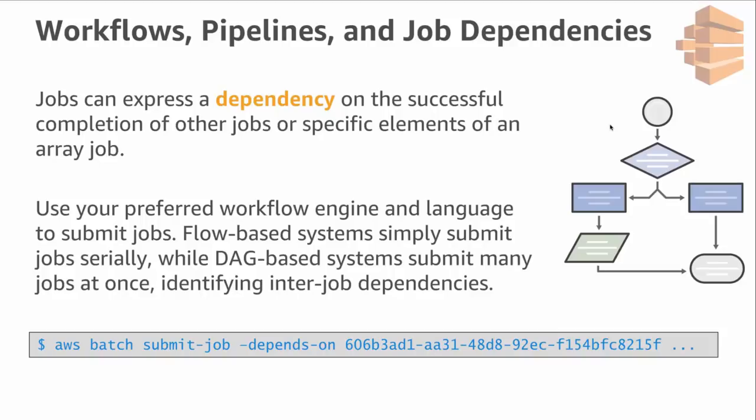So the whole point here being, let's feed in what my underlying requirements and the ordering requirements are, and then we'll let the Batch scheduler identify inter-job dependencies and figure all of this out automatically and execute all of these jobs in the order that they need to be done to get your larger workflow done. So again, all of this is built into Batch.